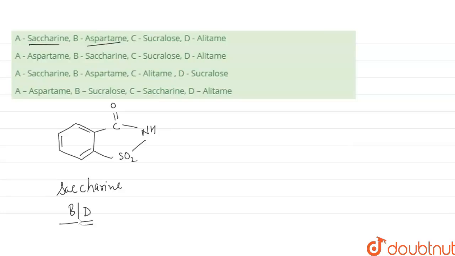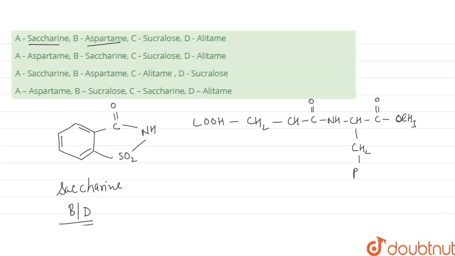The structure of aspartame is COOH, CH2, again CH, C double bond O, NH, CH, C double bond O, OCH3, and here CH is attached to CH2, and here NH2 is also there.